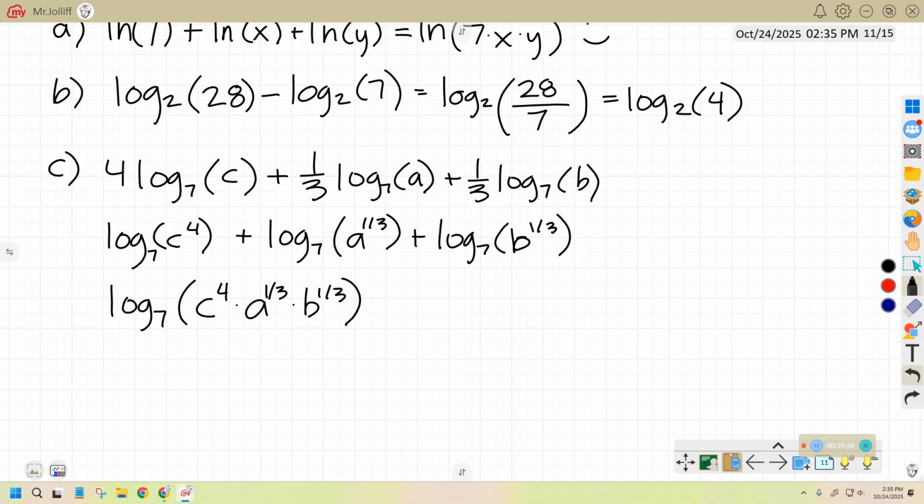But we are in pre-cal now. We could push a little bit further. I see some simplification that I can do inside the log. Suggestions. What can I do to make the inside of that log prettier? Exponents. Yeah. What am I going to do with those exponents?